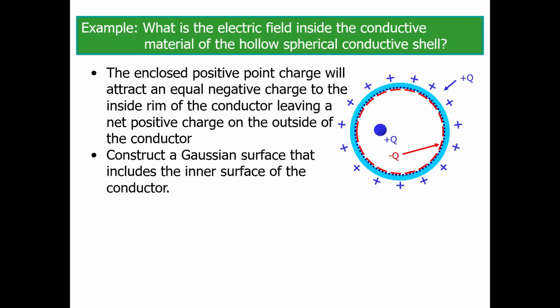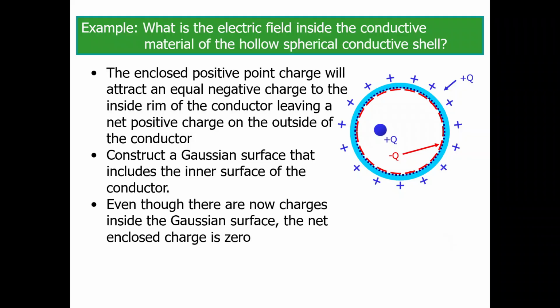So if we construct that same Gaussian surface on that inside surface, it is still inside the material. It's in the blue section, right? It's in the metal material. There is still no net enclosed charge because what's being enclosed is the positive Q and the negative Q. So our net enclosed charge inside of that blue dotted Gaussian surface is still 0.